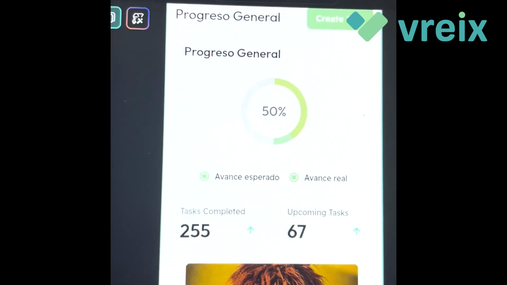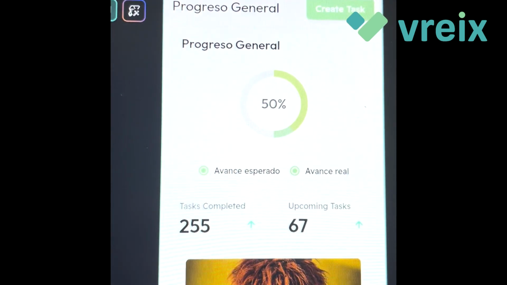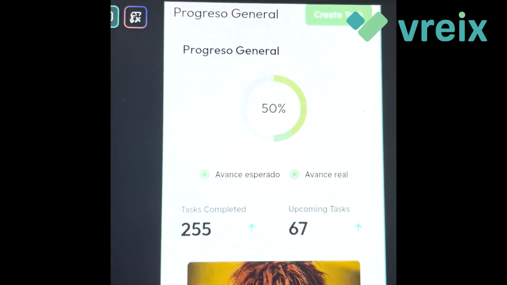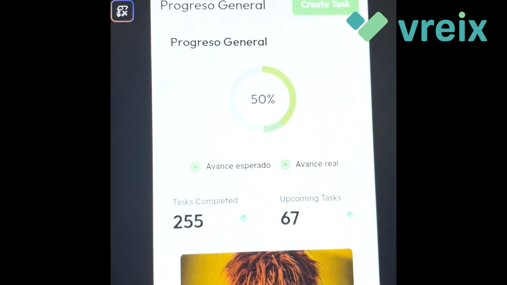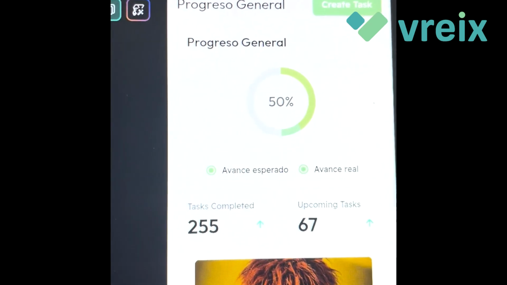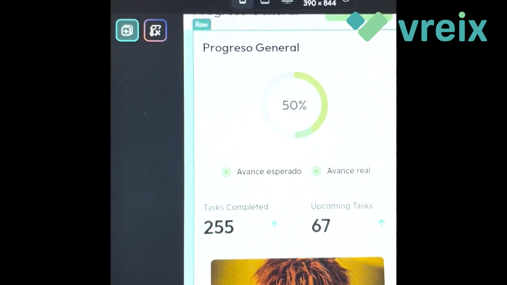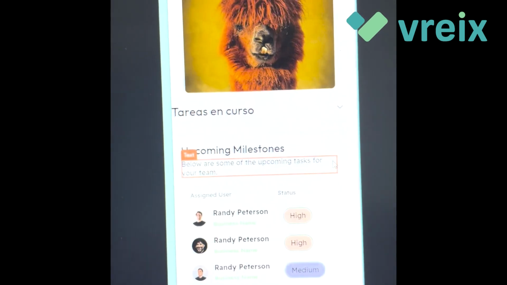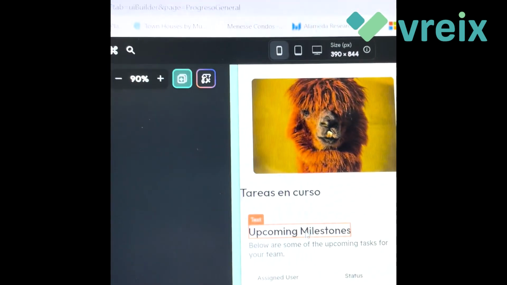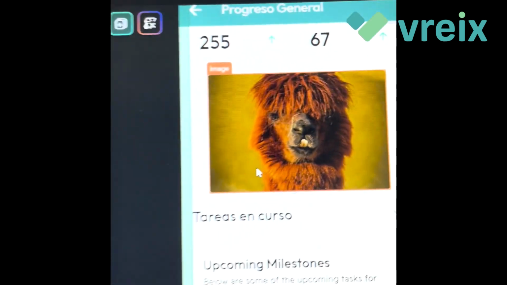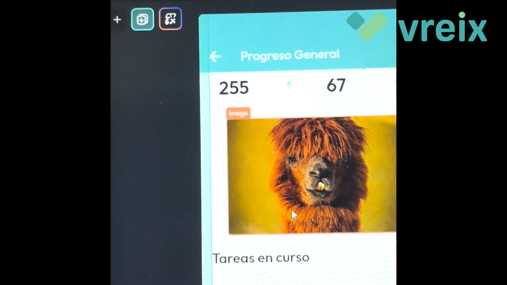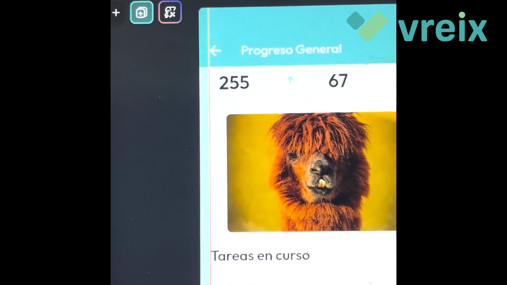This is something I am adding because I want to, because it is not on the prototype. We also have here tareas en curso, or tasks we are working on right now.